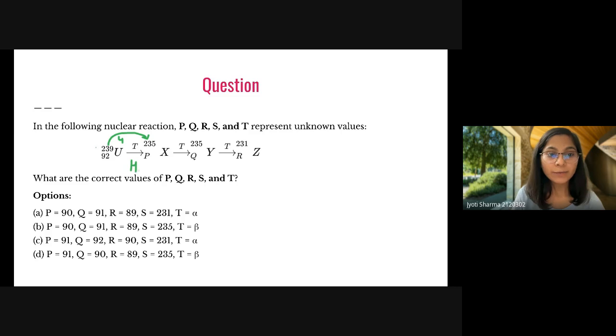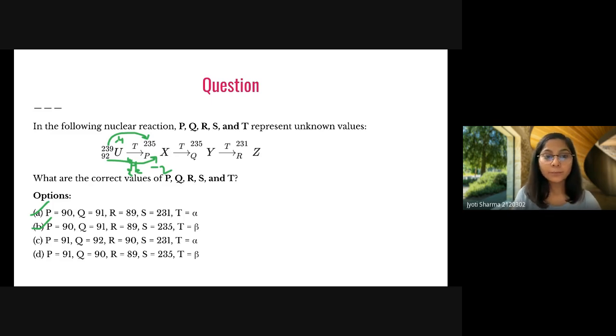So if helium, which is 4 and 2, is coming out of this uranium, the mass number 239 to 235 is reduced by 4, and the atomic number should be reduced by 2. So here we have P equal to 90, and this can be this one and this one as well.